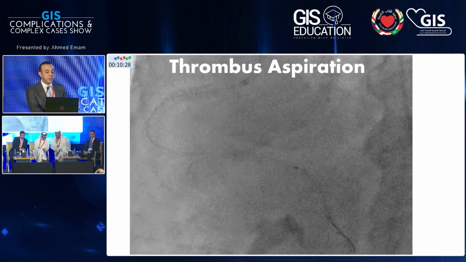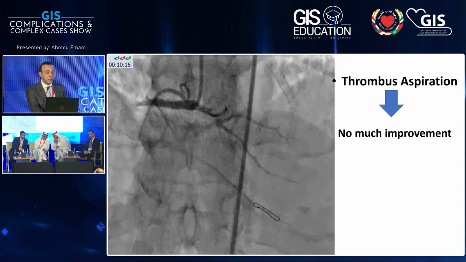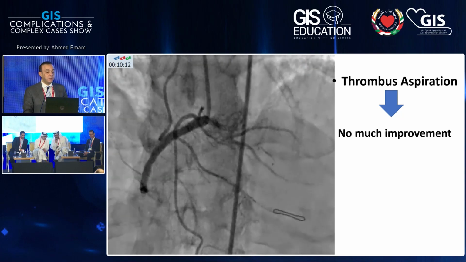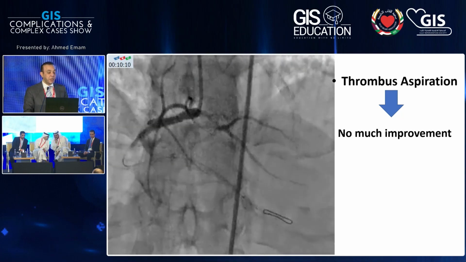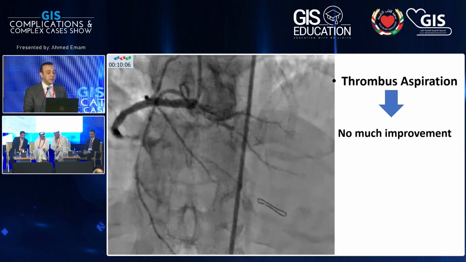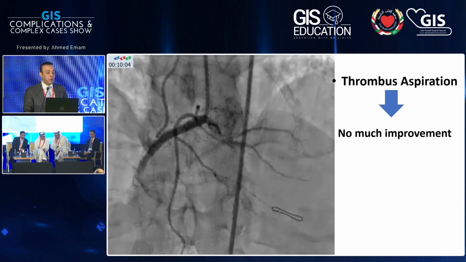As our standard of care in my center, we directly use thrombus aspiration at the site of the thrombus, to get whatever we can from this big thrombus. And this is the angio after first aspiration. There is not much improvement. Actually, there is, as you can see, this to-and-fro flow.